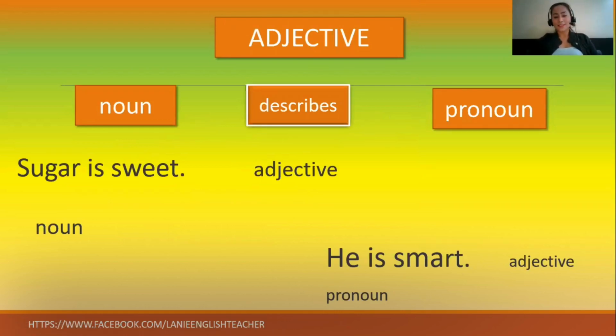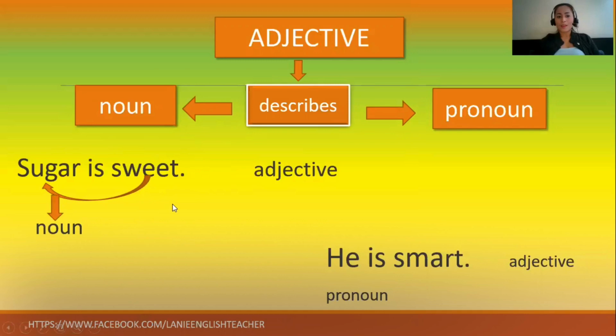What is an adjective? An adjective describes a noun and also describes a pronoun. Let me explain first the definition, which says an adjective describes a noun. Have a look at the sentence: Sugar is sweet. The word sweet describes the word sugar, which is a noun.